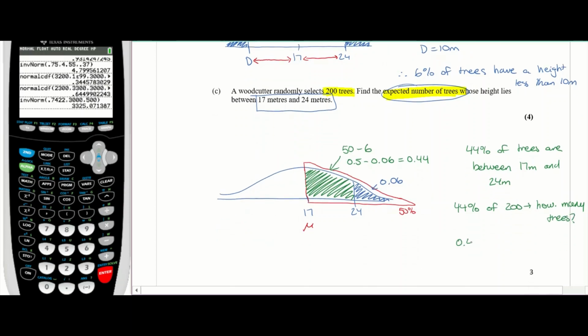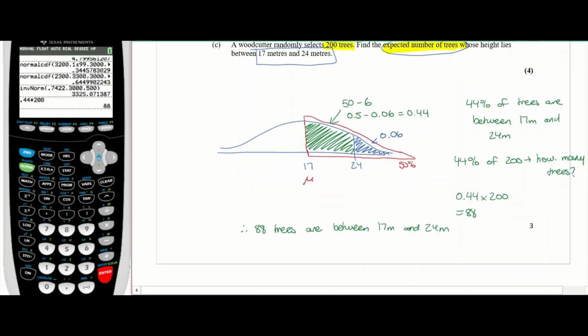So we're going to do 0.44 times 200. And when we do that calculation, we get exactly 88 trees. So 88 trees are between 17 meters and 24 meters.